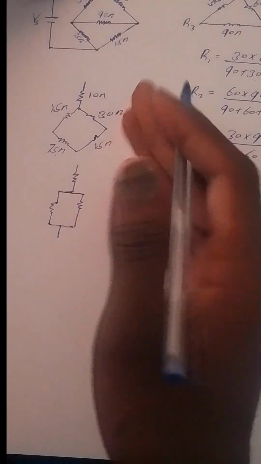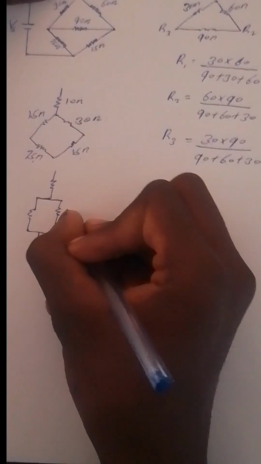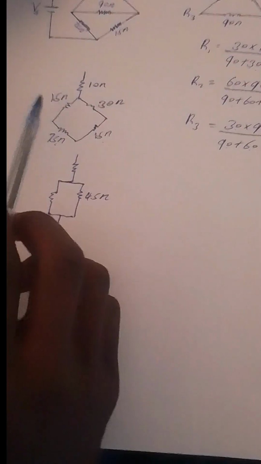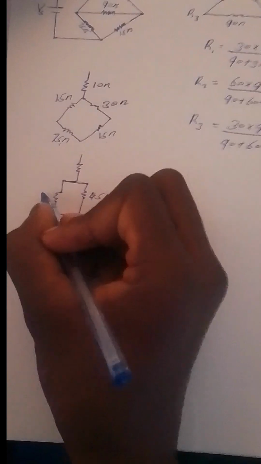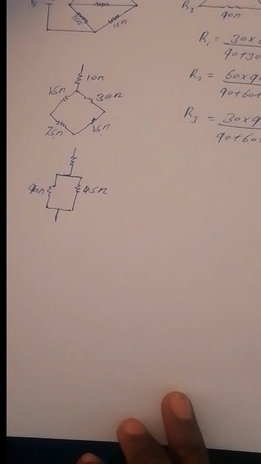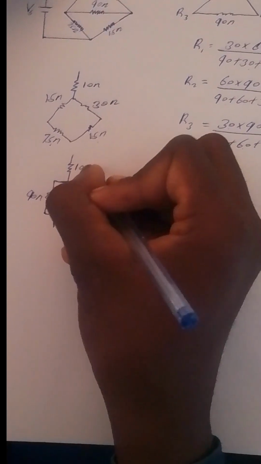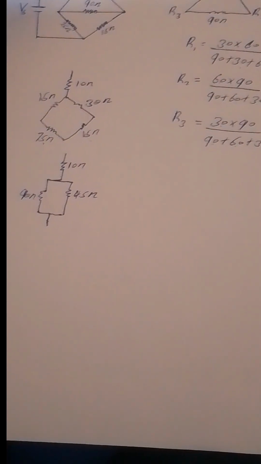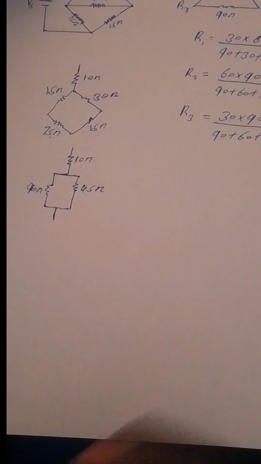If they are in series, we just add them. 30 plus 15 gives us 45 ohms. On the other side, 15 plus 75 gives us 90 ohms. Remember here is 10 ohms. Now that's our new circuit.